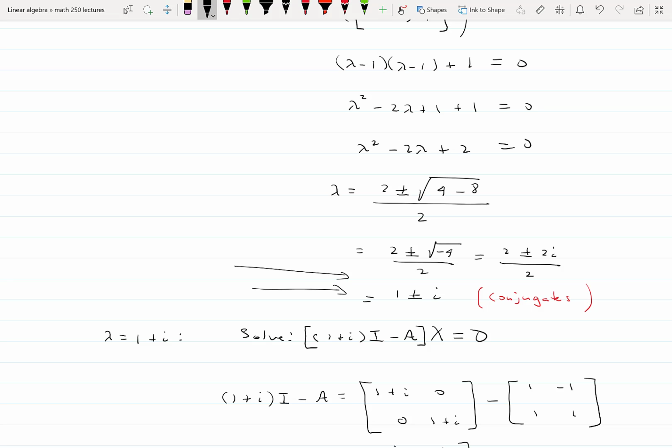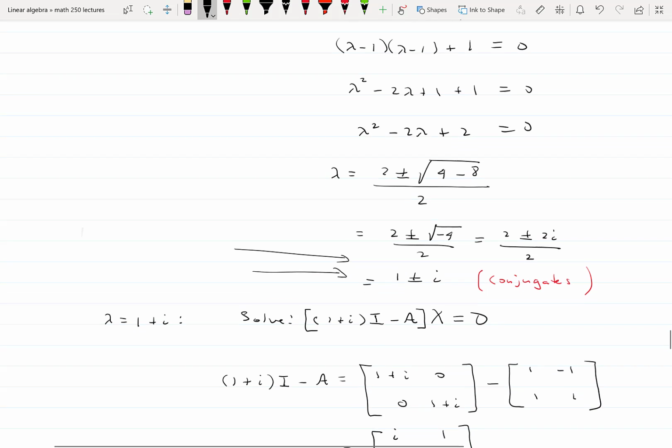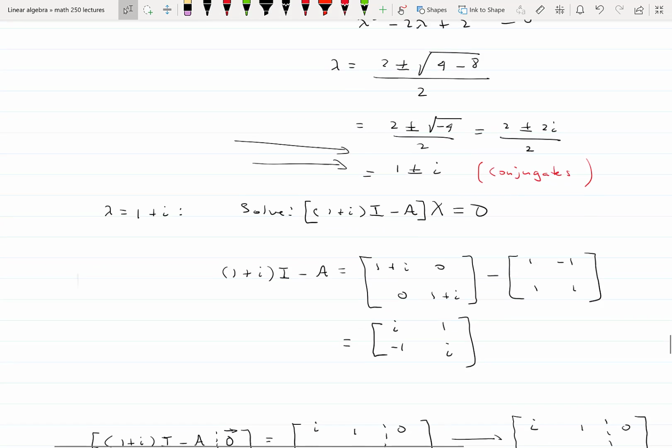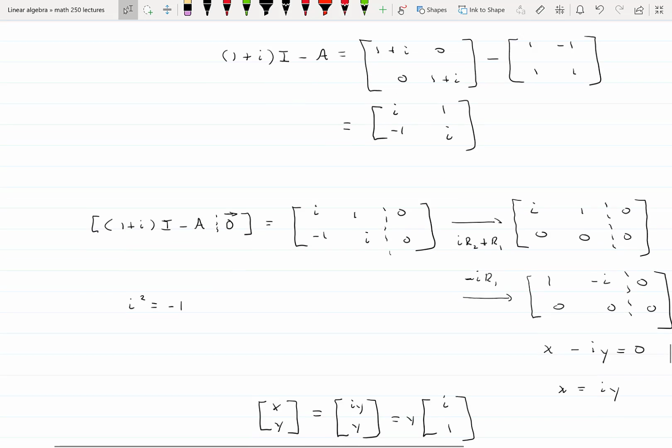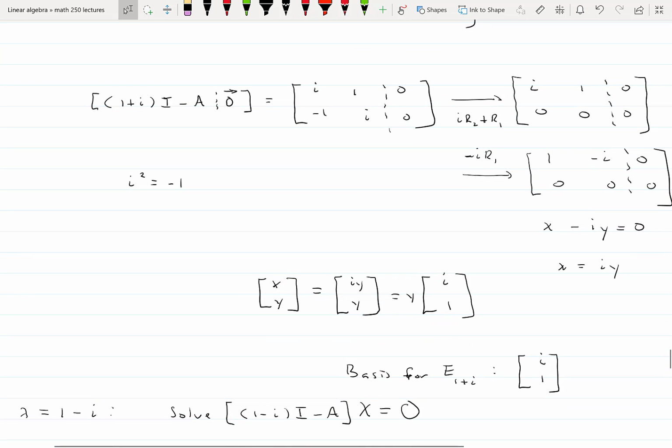Then, and here's the good part, corresponding to the eigenvalue 1 plus i I found a particular basis. The basis was the 2 by 1 column vector i and 1. There's no work to do after this.